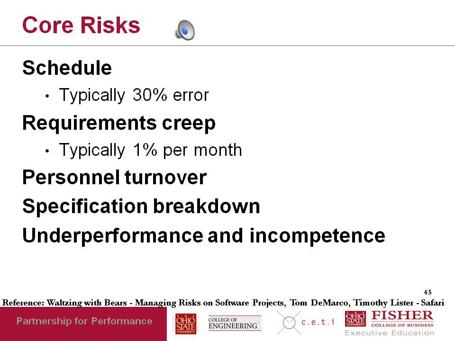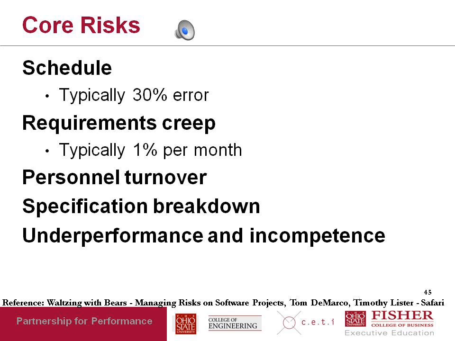The risk that requirements will increase, known as requirements creep. The risk that there will be personnel turnover. The risk that the requirements are not correctly translated into specification. So the requirement didn't change, but the project team didn't quite understand it, that specification breakdown. And then finally, underperformance and incompetence on the part of the team.